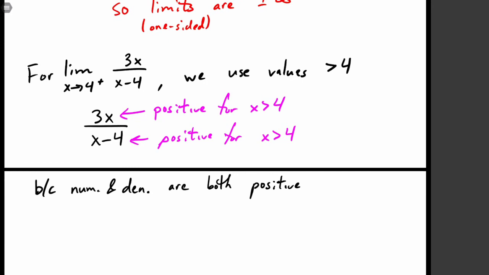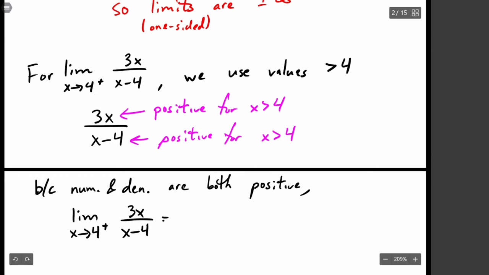It would be positive overall. So this limit must be infinity. Right away, this tells us that the function 3x divided by x minus 4 has a vertical asymptote at x equals 4.